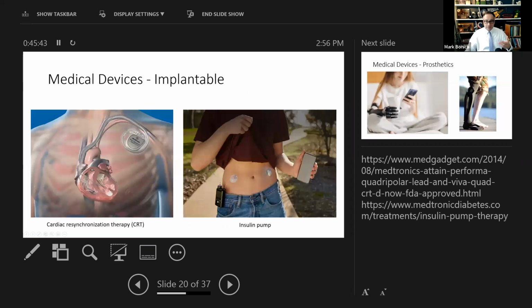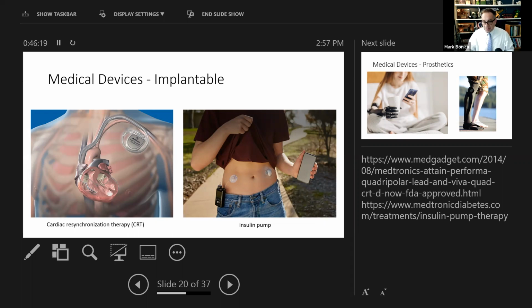Now, this is kind of extreme, but much more common are things like CRTs, which are used if you've got an irregular heartbeat; this will shock your heart back into a proper rhythm. People with diabetes have to regularly prick themselves to see where their blood sugar is, and then inject insulin.